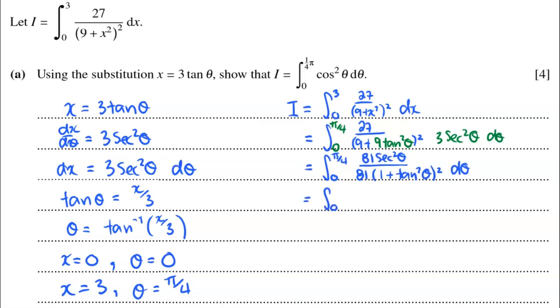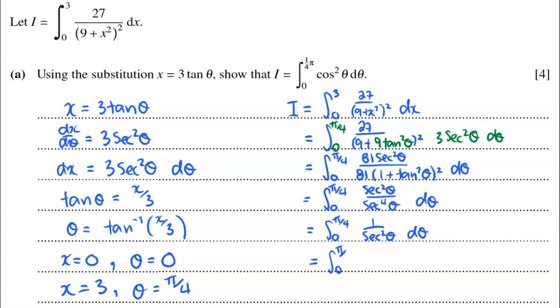All right, so we will cancel the 81 on the top and 81 on the bottom. And 1 + tan² turns into sec². So we end up with sec²θ over sec⁴θ dθ, which is greatly simplified, which is then equivalent to, we cancel sec² from the top and the bottom, 1/sec²θ dθ, which of course, sec² is 1 over cos².